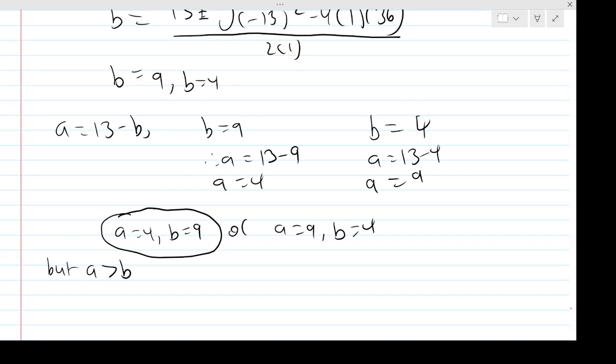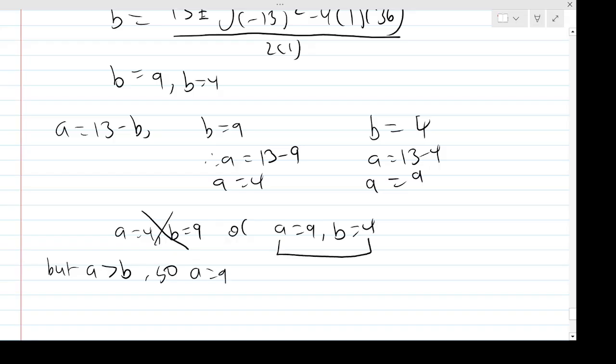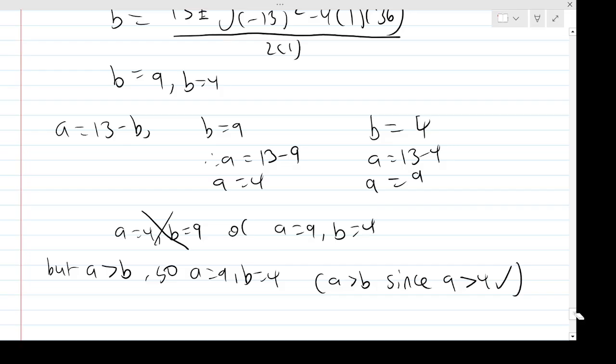A is less than B here, so we can't have that. So the only solution we can have is A is 9, B is 4, because then A is greater than B, since 9 is indeed bigger than 4.